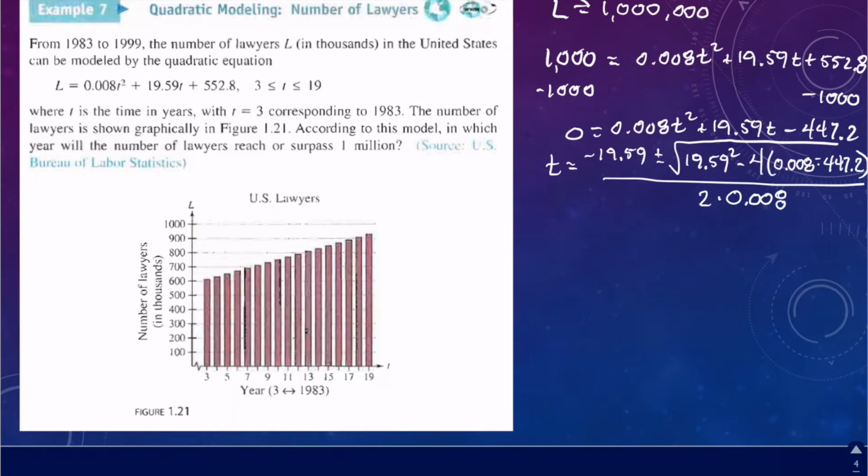There we go. I'm just going to pick up the calculator and I'll solve this.